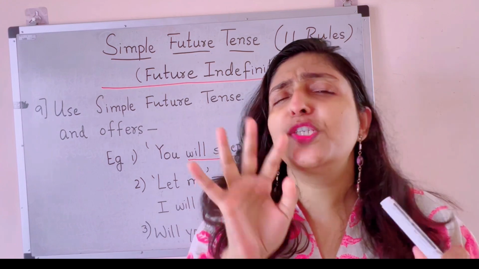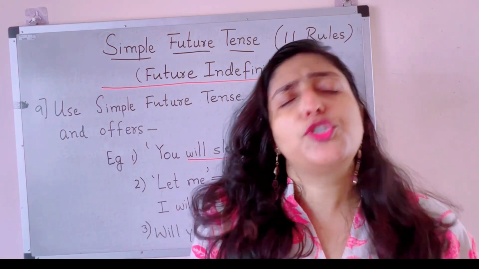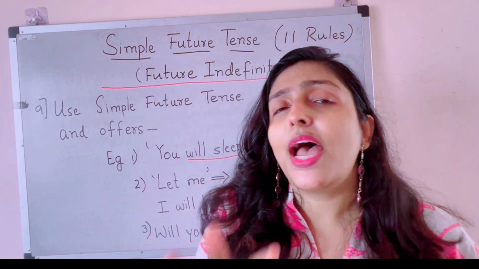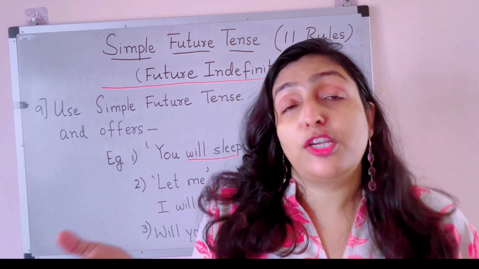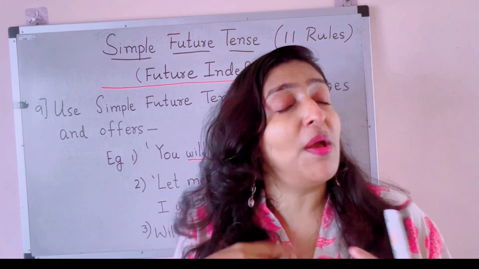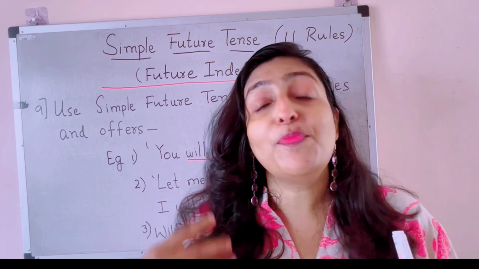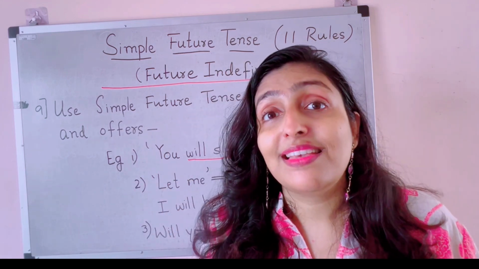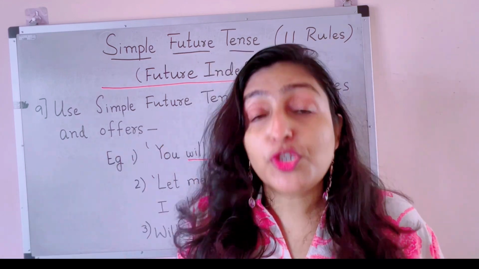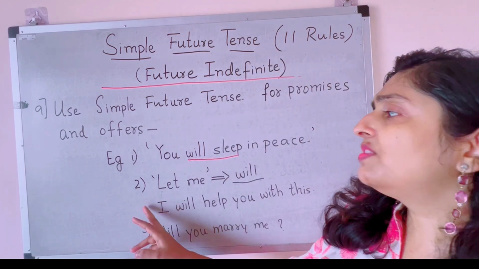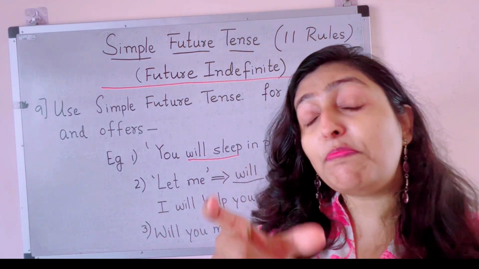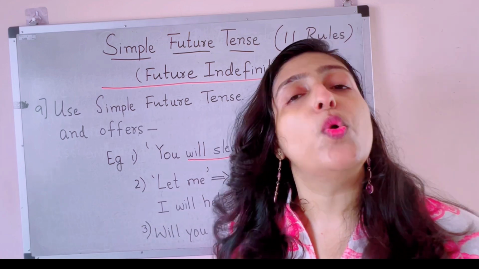If you buy this product, then it's an assurance from our side that you will really enjoy. It's like you will be in Kashmir. It's like it would be a paradise for you. So if you want to promise something, whether it is fake or truth, you can do that in simple future tense.